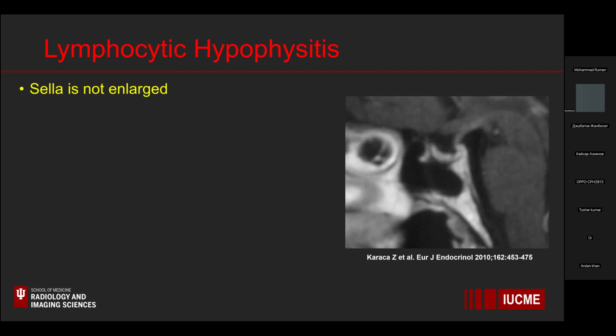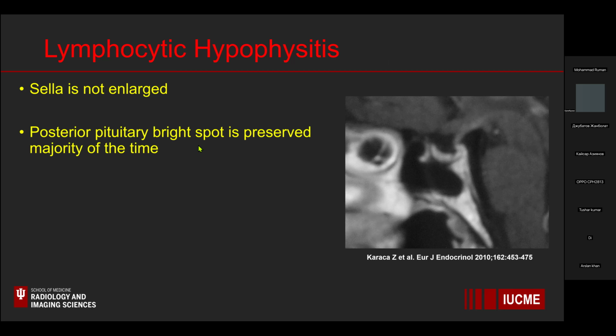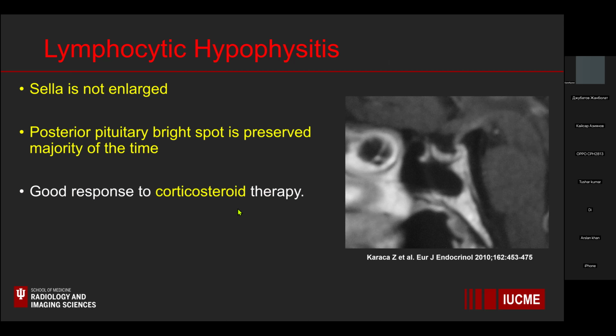You'll notice that the bony sella is not enlarged, unlike in our case of the macroadenoma. The posterior pituitary bright spot is preserved the majority of the time, despite the enlargement of the gland. The important thing in making this diagnosis early is that this is very responsive to steroid therapy.